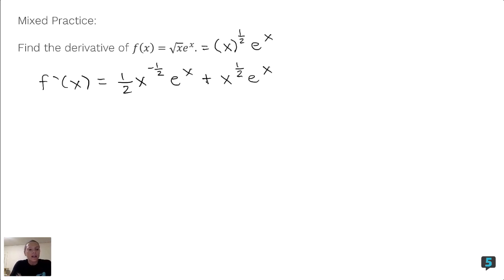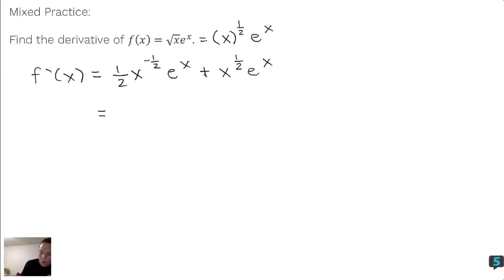I know that when I took calculus, I always had to get rid of negative exponents. So my teacher would always say, oh, get rid of that negative exponent. So I might have been tempted to rewrite it as 1 over 2 square root of x e to the x plus square root of x e to the x.